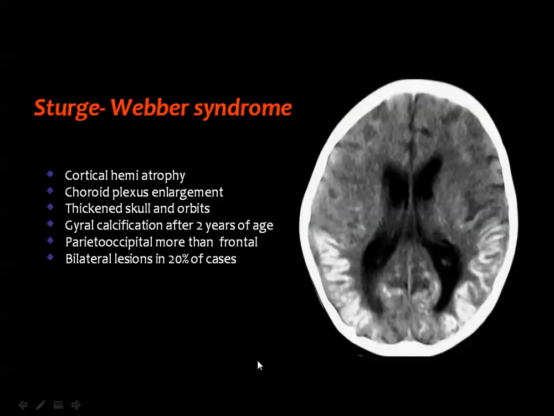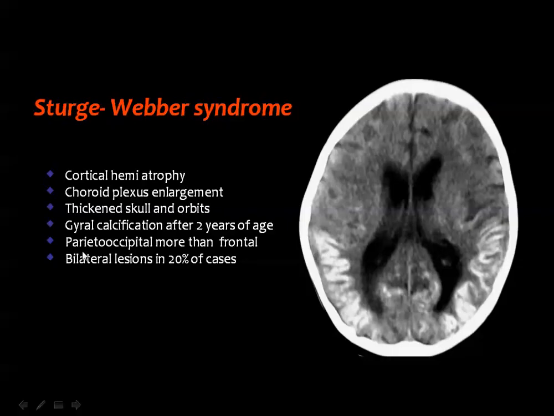Then the CT scan will show gyral calcifications, which may be unilateral or bilateral, commonly affecting the temporo-occipital area, but may extend into the parietal and also the frontal area. Bilateral lesions are seen in 20% of the cases.